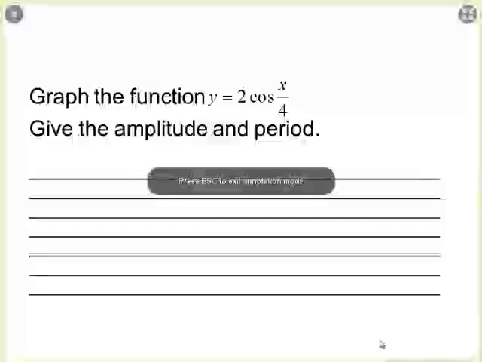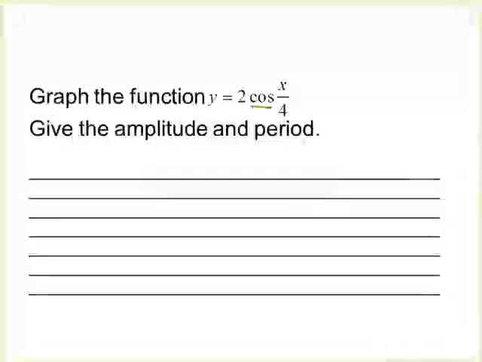Last example, cosine. So our shape is up, middle, down, middle, up. Amplitude, 2. Period is 2 pi divided by, we always want to think of what x is being multiplied by. So x is being multiplied by 1/4 here.